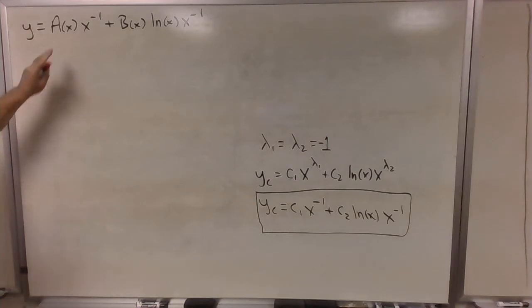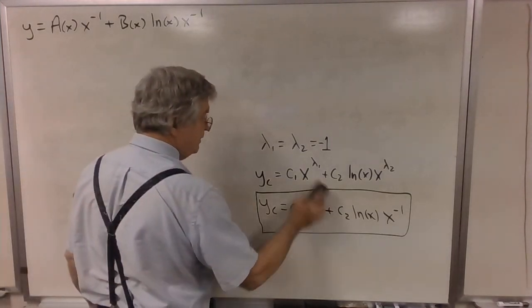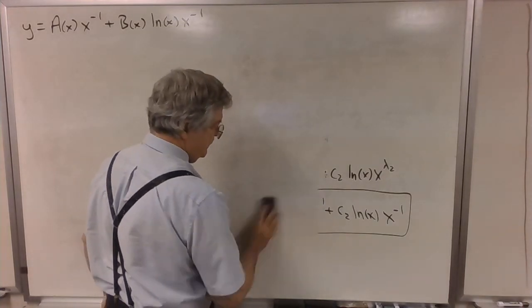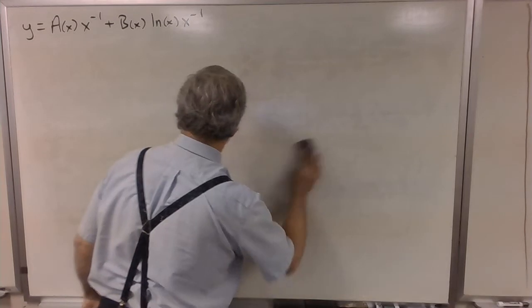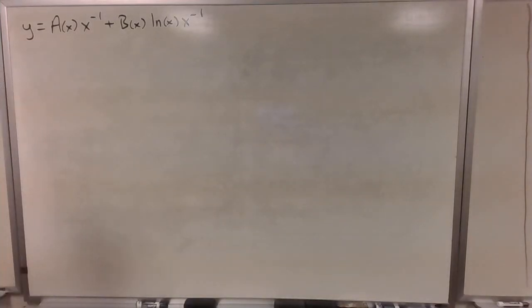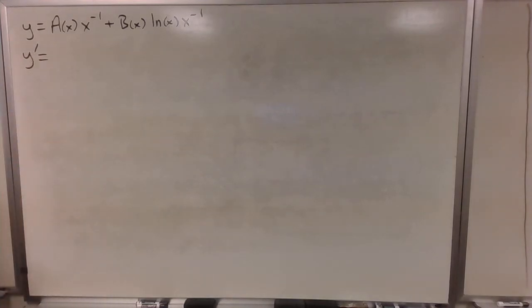So now that we've parameterized C1 and C2, I guess we don't need this anymore. Okay, compute the first derivative.